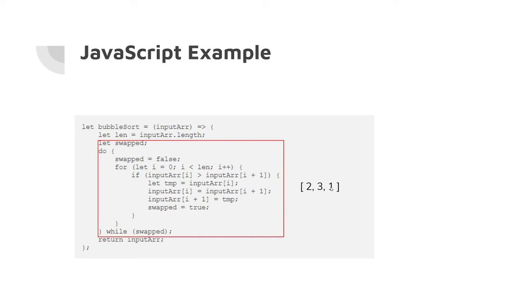So it's going to swap them. It's going to put 1 into the middle slot. Then afterwards, it's going to reference the next index and place the temporary value that we stored, which is 3, into this slot. So now it's going to look like 2, 1, 3.